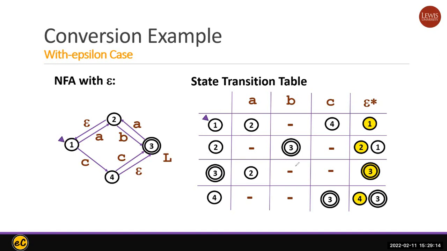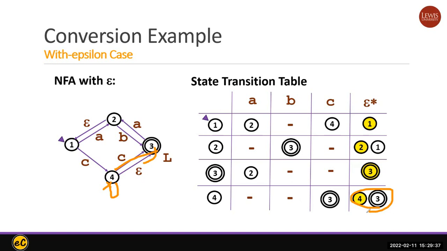You take epsilon, you stay on itself. You take A, you go to state 2. Otherwise there are no more outgoing edges. Then state 4, you take epsilon, you stay in the same state or you go to state 3. Then you take C, you go to here. Then there are no more outgoing edges.